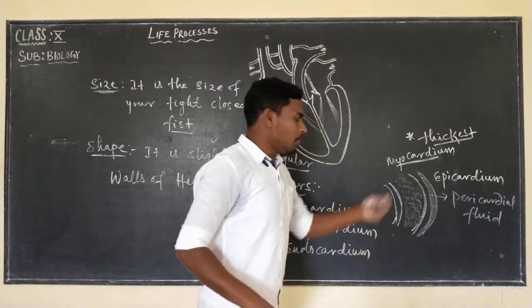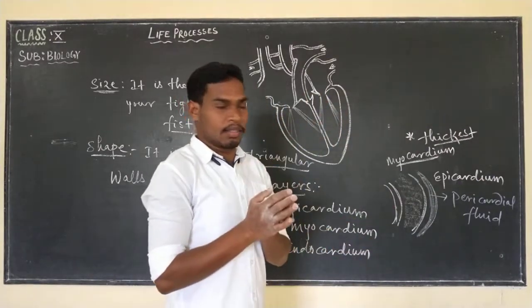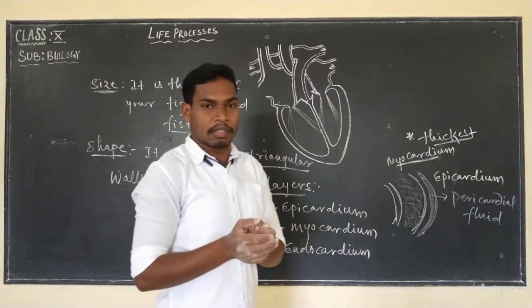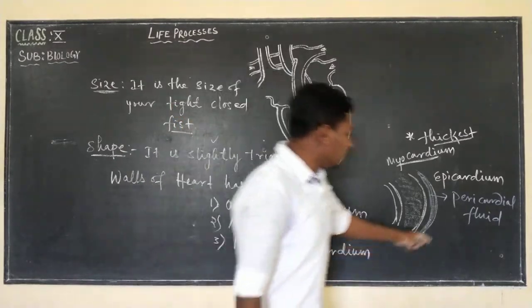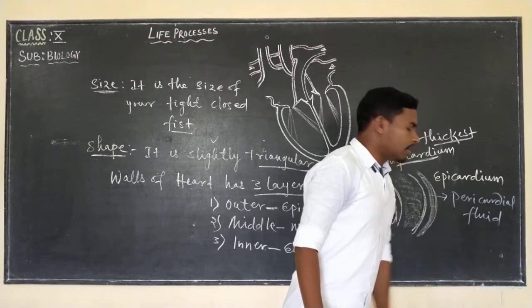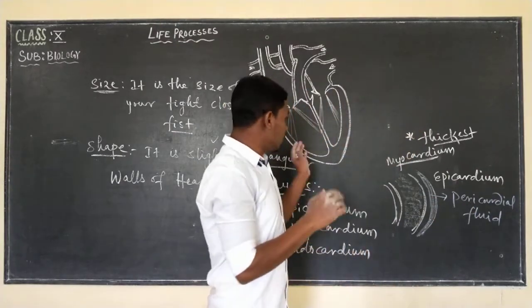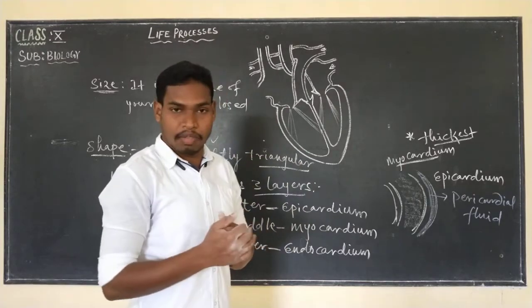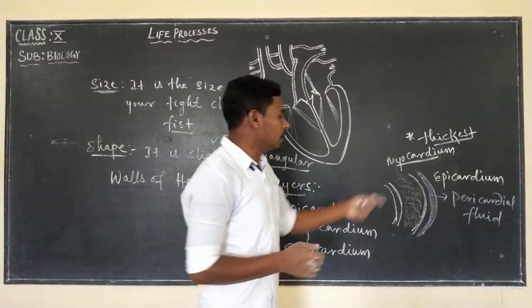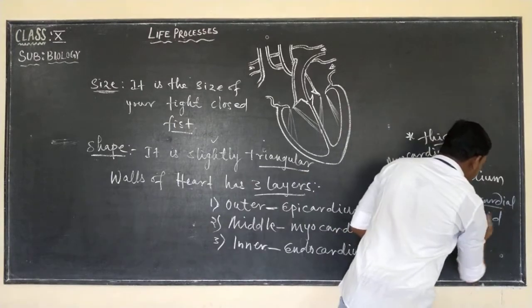Because this fluid is going to protect the heart. As the heart is having muscle, its movement should be frictionless, right? So that's why the pericardial fluid helps the heart move without any friction. That means frictionless movement is done by the pericardial fluid.